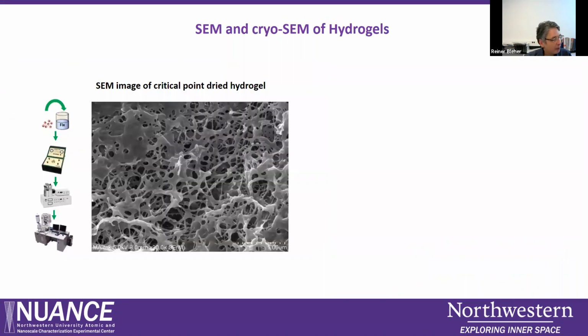So with this, I want to switch briefly to a different example: a comparison between conventional SEM and cryo-SEM of hydrogels. Here we see a hydrogel that was processed conventionally with dehydration and critical point drying and then observed with SEM.